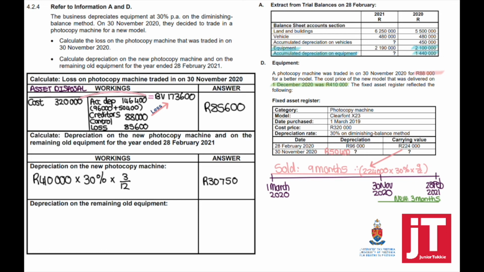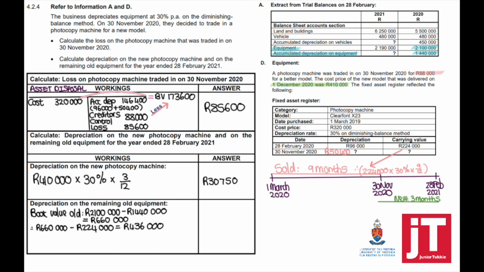Now to calculate on the remaining. There are different ways in which we can get to exactly the same answer. I'm going to show you the following method. If we calculate the book value in the beginning by taking the cost minus the accumulated depreciation, and we subtract the book value on the asset which we disposed of in the beginning, we will get the book value on the remaining.